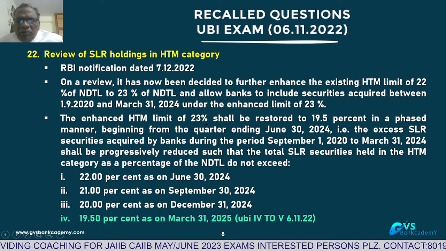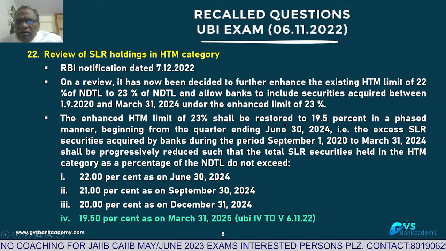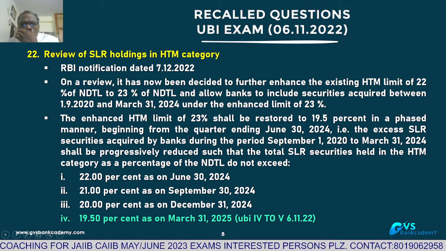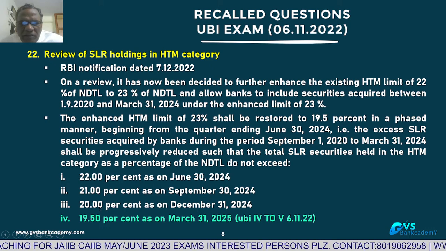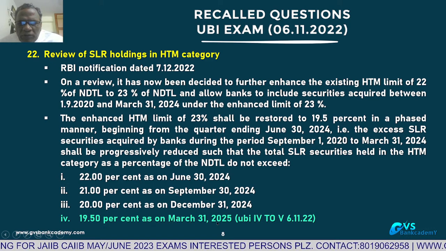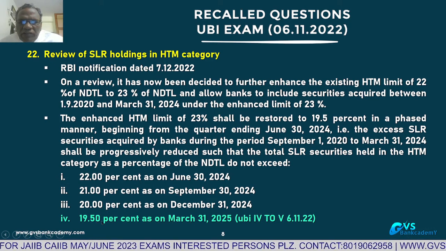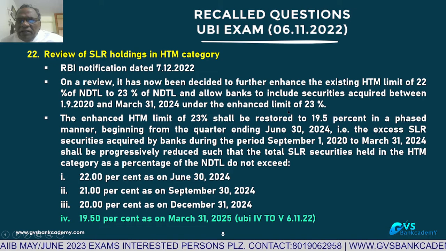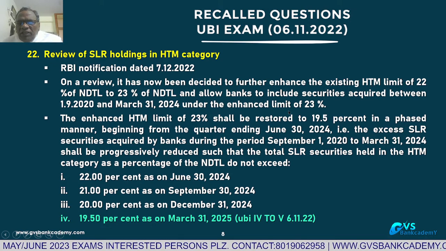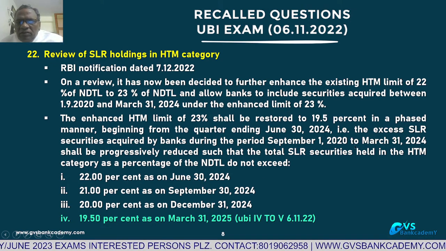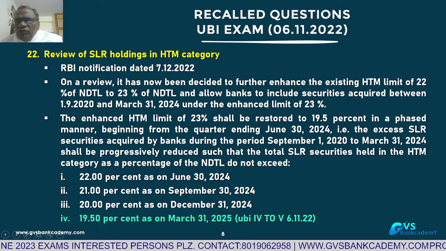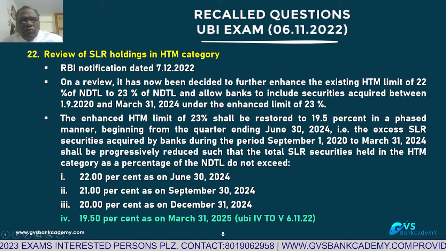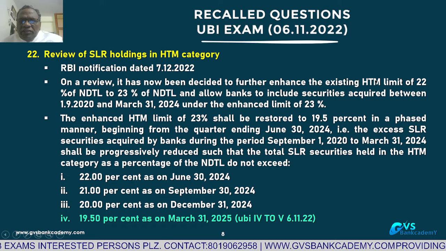And it has to be brought back in a phased manner, to 19.5% by 31st March 2025. Up to 31st March 2024, they are allowed 23% of NDTL in HTM.